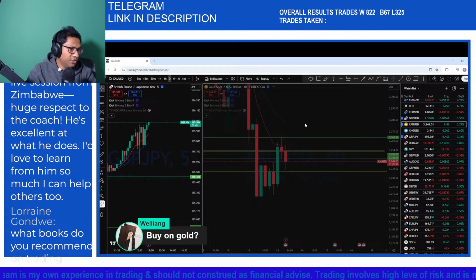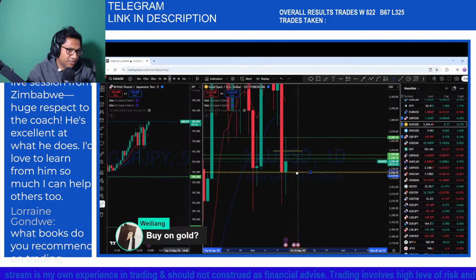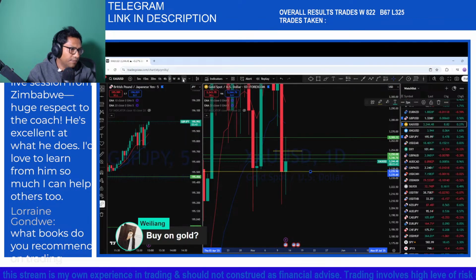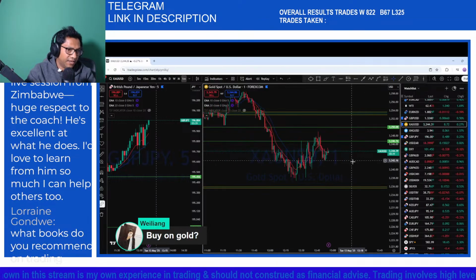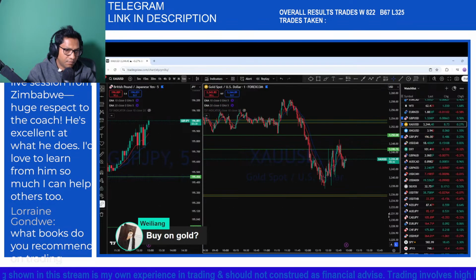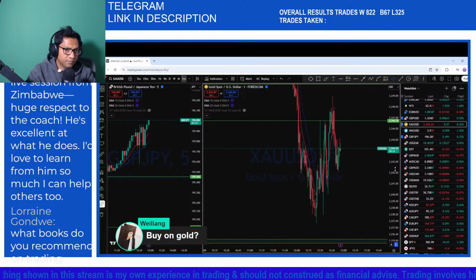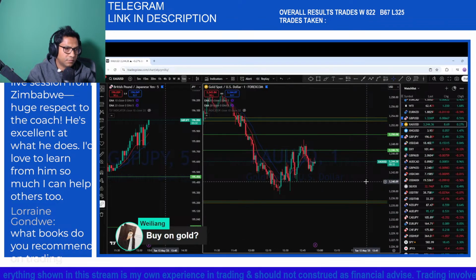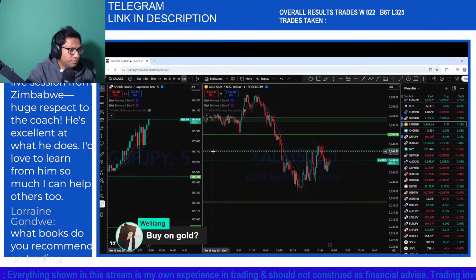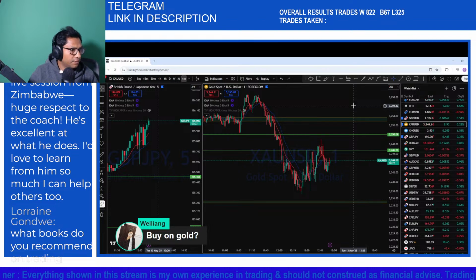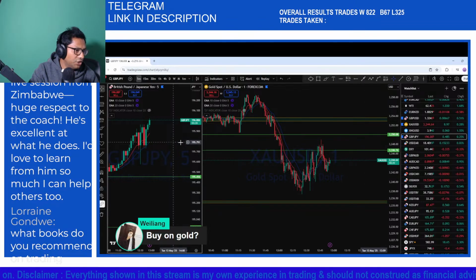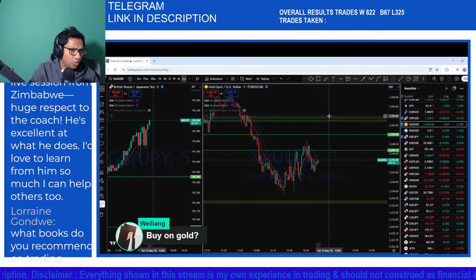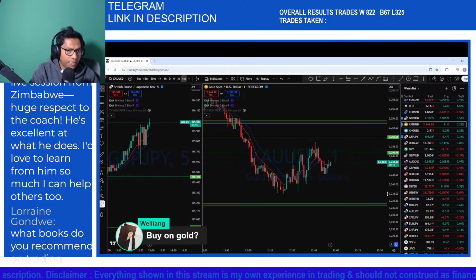But I was waiting to see that the market tested this low here, which is the daily support, before it moves back in any direction. GBPJPY is showing that bullish price action, where gold is sideways.